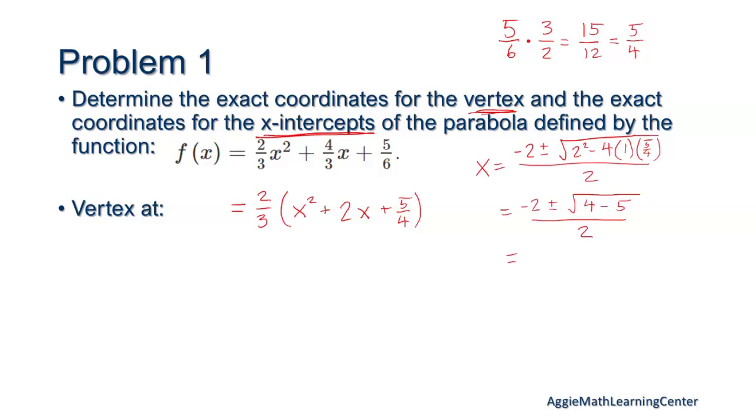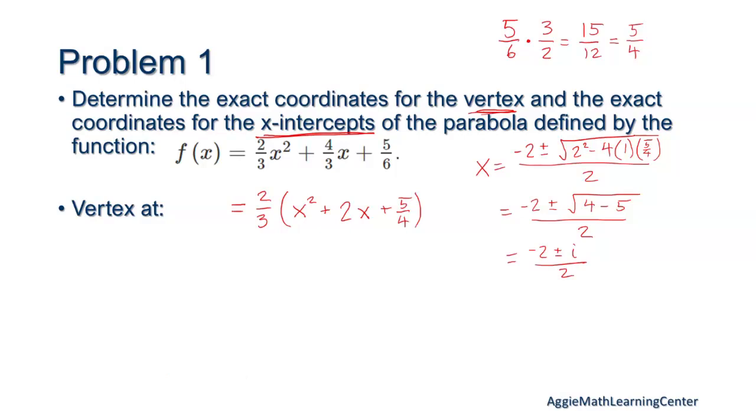Okay, 4 minus 5 is -1. So the square root of -1 is also just i, right? So we'll just write an i there over 2. Whenever you have any sort of an i in your zero, then it's an imaginary zero, right?